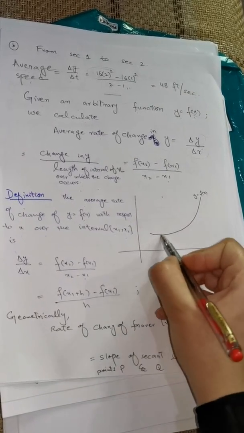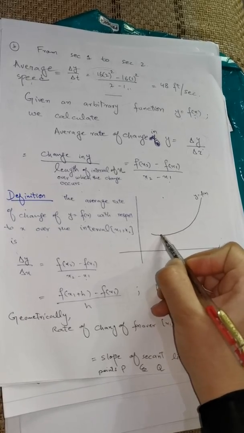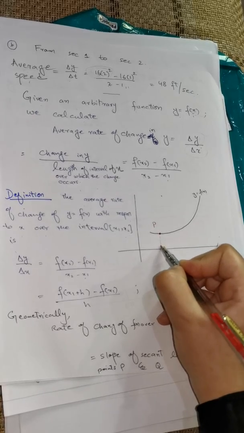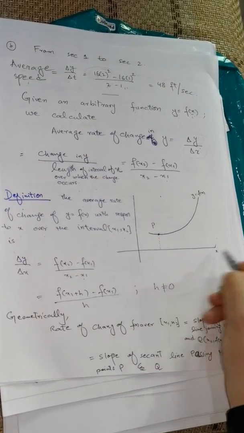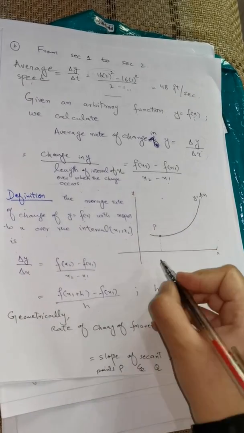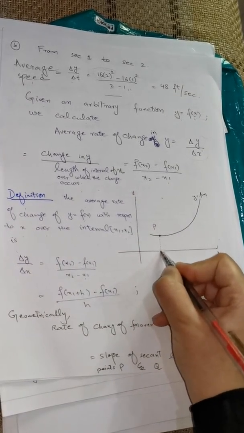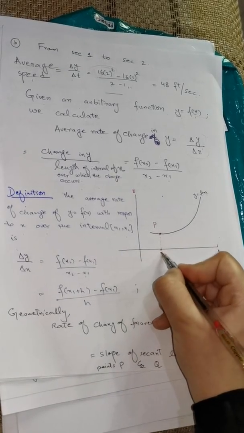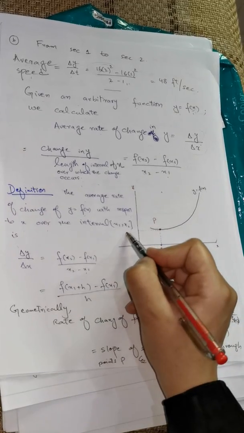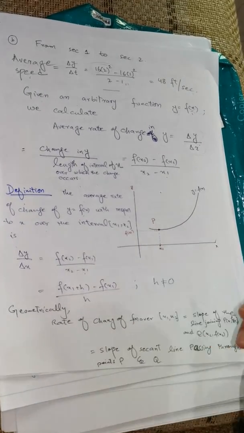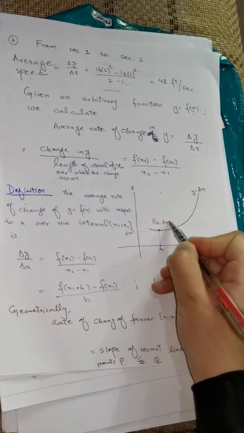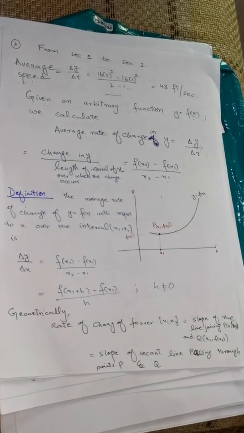Let's say this one is the initial point, this one is a point P. Draw a perpendicular on the x-axis, and this one is the y-axis. Let's say this point is x1, and according to this the functional value is f of x1. So the point is x1, f of x1, the y value is f of x1.